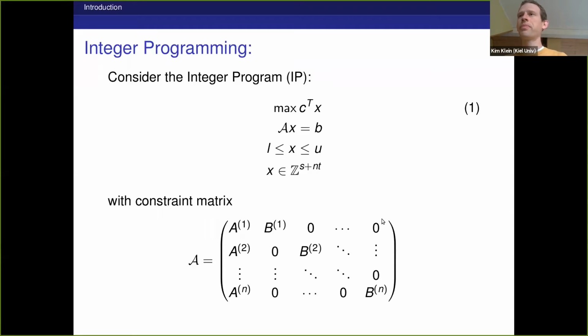So this is the story of these two-stage stochastic matrices, and usually they are stated in a stochastic way. But the way we do it is that we consider the so-called deterministic equivalent of the constraint matrix. This is this huge matrix consisting of these sub-block matrices.